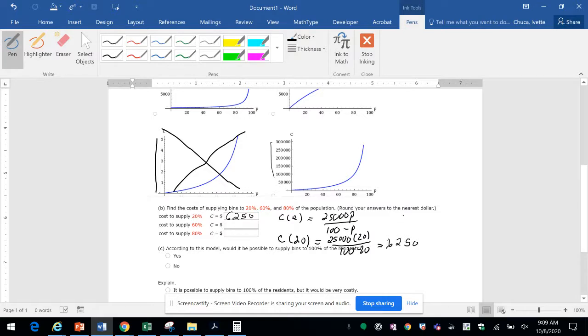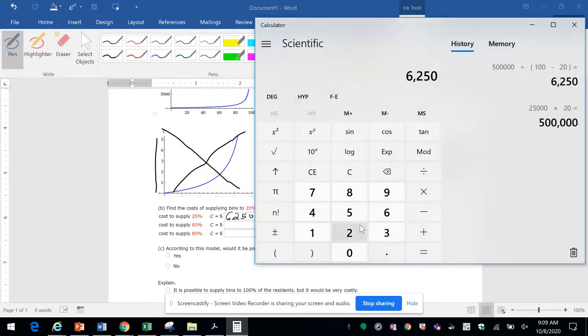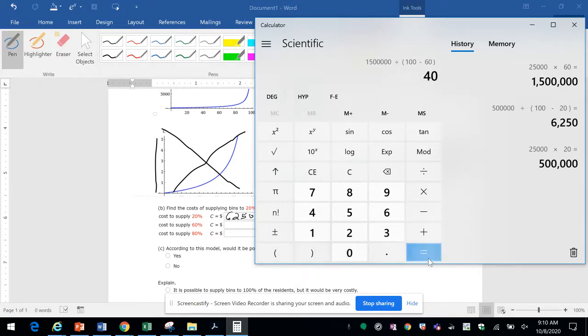If we figure out c of 60, then we get 25,000 times 60 divided by 100 minus 60. So let's use the calculator. 25,000 times 60 divided by 100 minus 60, which is 40. So you can just put 40 if you want to.